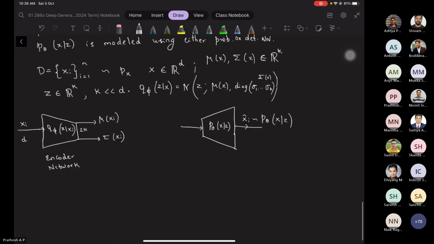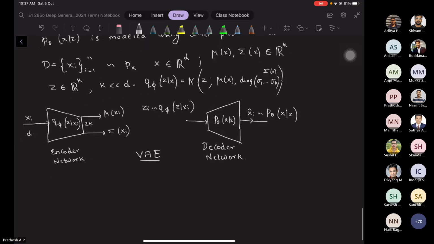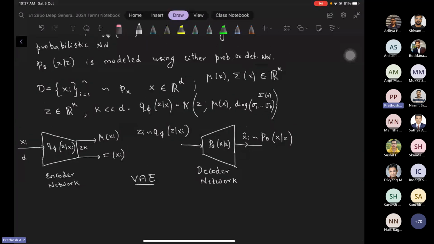This network is also called the decoder network. This is a VAE. Of course, this is k dimensional, and this will be d dimensional.